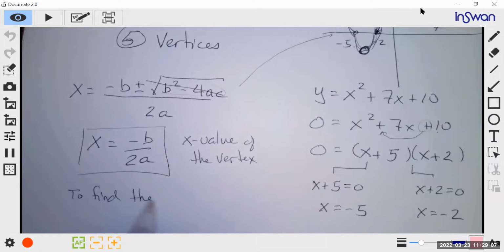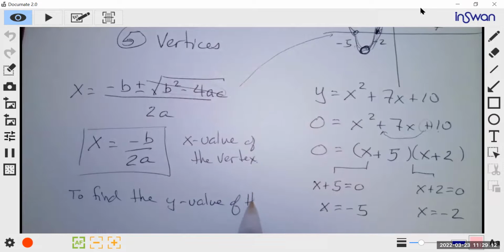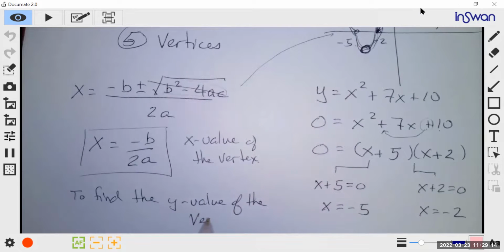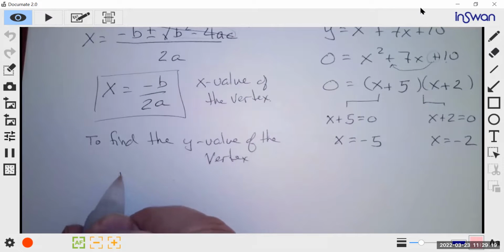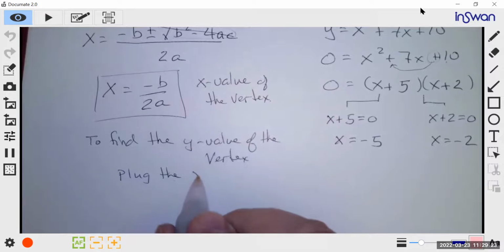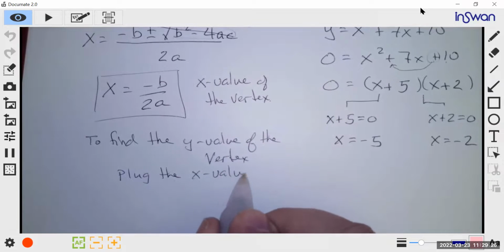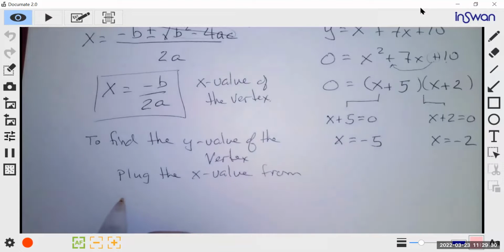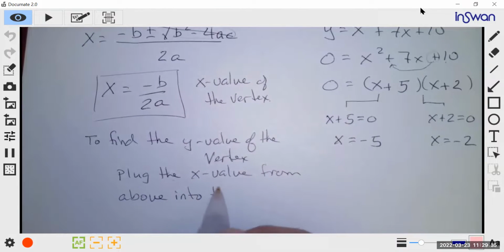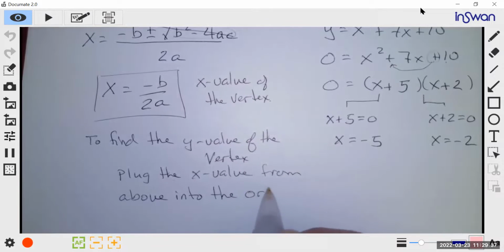To find the y value of the vertex, plug the x value from above into the original equation.